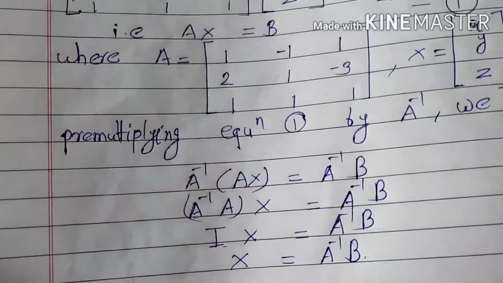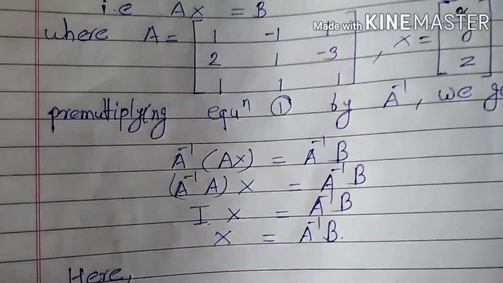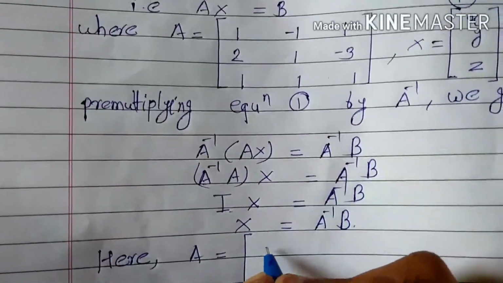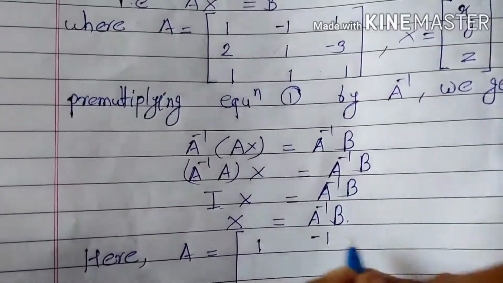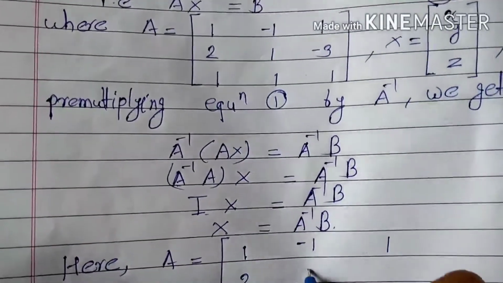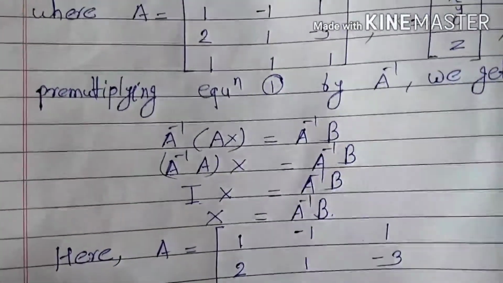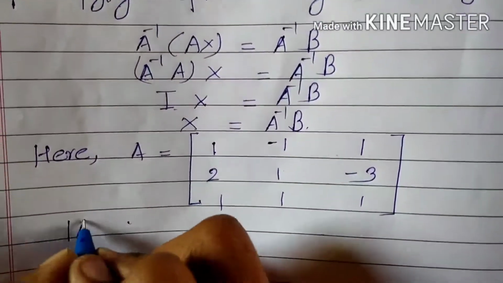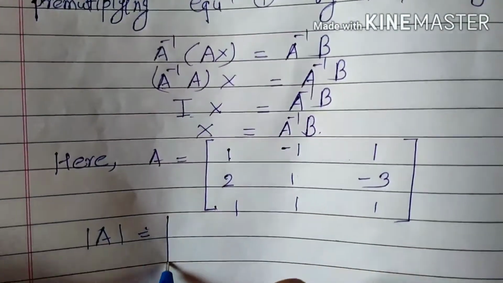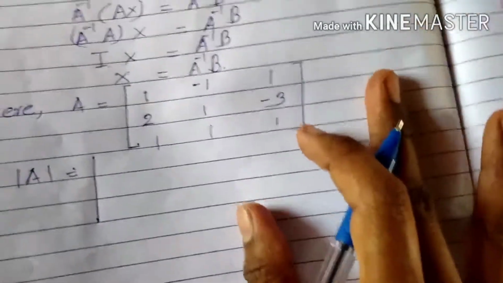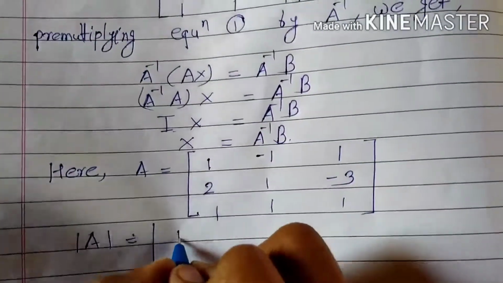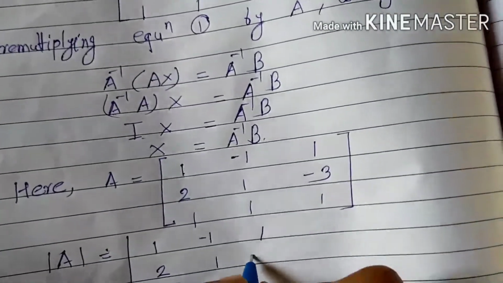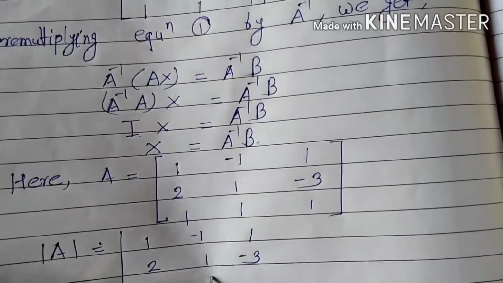Here A is equal to 1 minus 1 1, 2 1 minus 3, 1 1 1. Determinant of A is equal to 1 minus 1 1, 2 1 minus 3, 1 1 1.